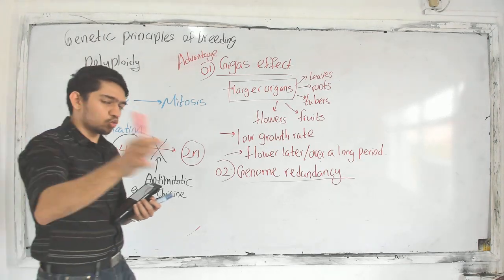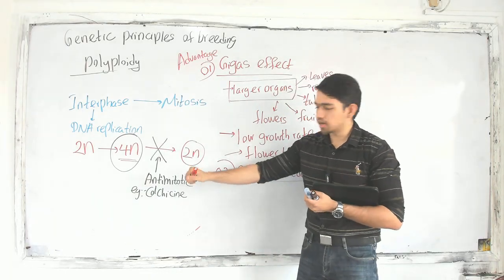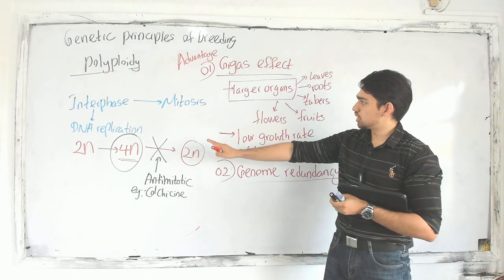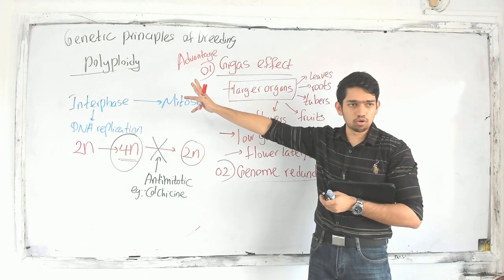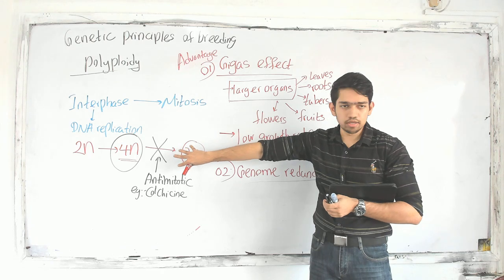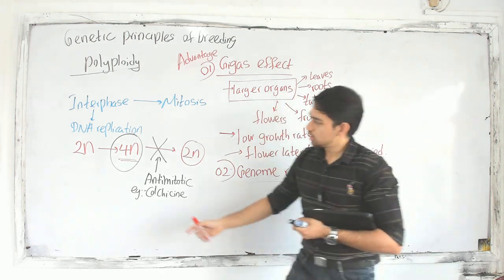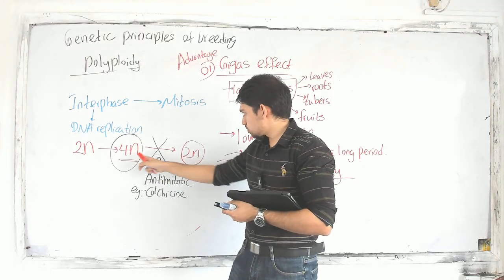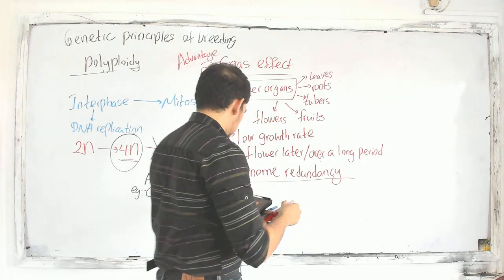Because there are so many copies, the bad ones can become masked by the other copies. You get it? Because the allele numbers have doubled, tripled, quadrupled, the bad alleles can be masked by the large number of good ones. So it's better to have 4n than 2n. The masking effect is high in 4n. So that is genome redundancy.